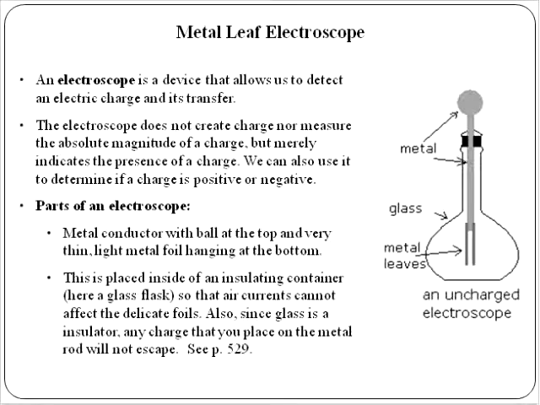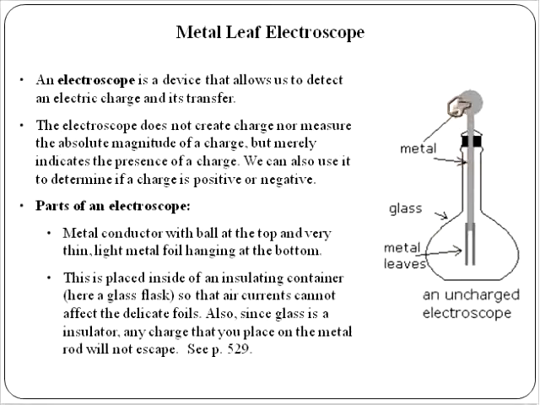In order to detect electric charge, we use a device called an electroscope. There's lots of different designs for electroscopes. The most common one is what we call a metal leaf electroscope, and that's what you see there. Essentially all it is is a glass flask, and we use glass because glass is a good insulator.